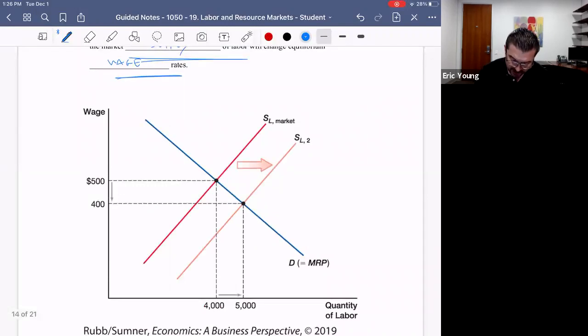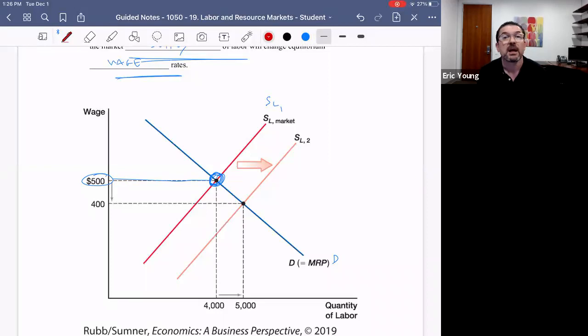We started off right here. We'll call this supply of labor 1 and the demand for labor. We had an original equilibrium point that set a wage of $500. Let's move to red for contrast. Something happened.